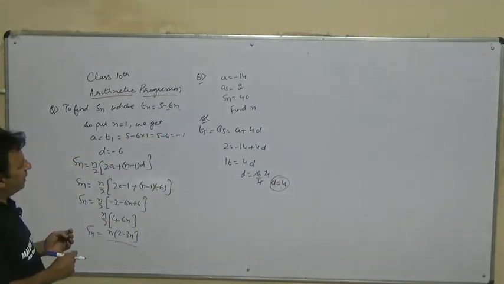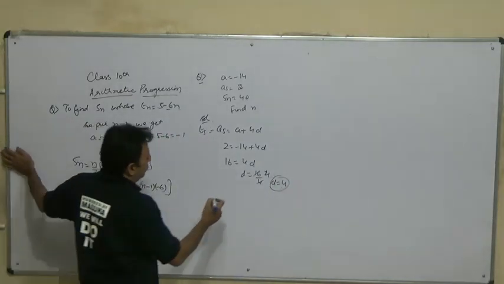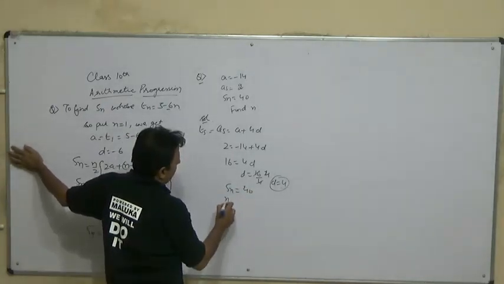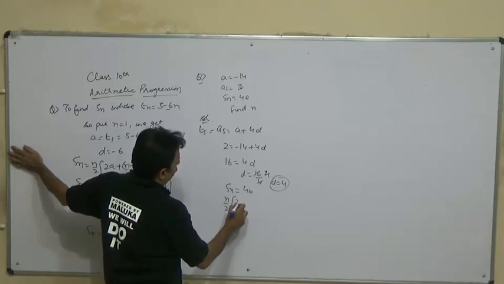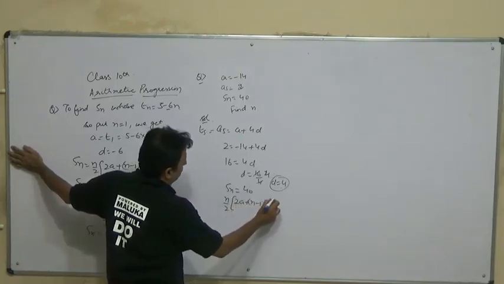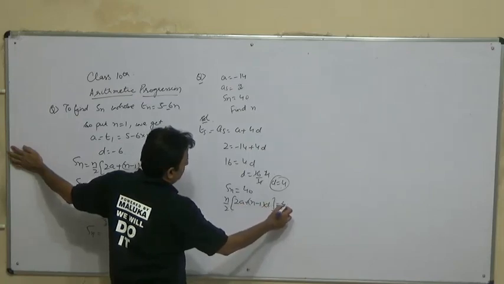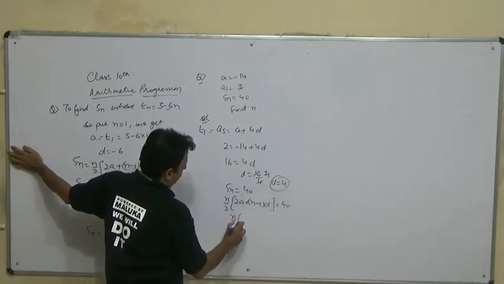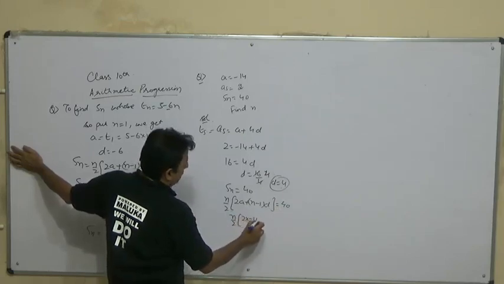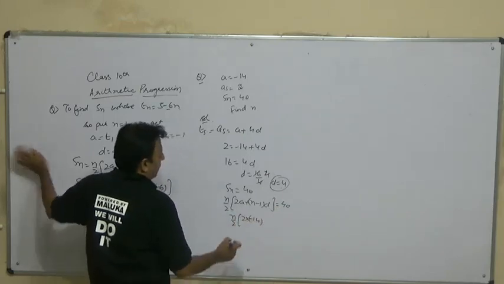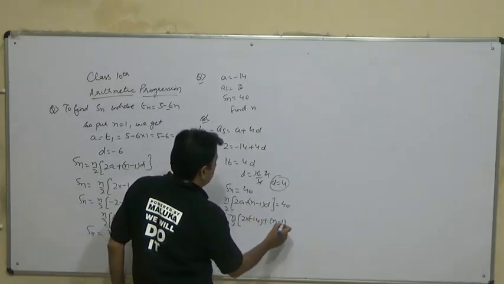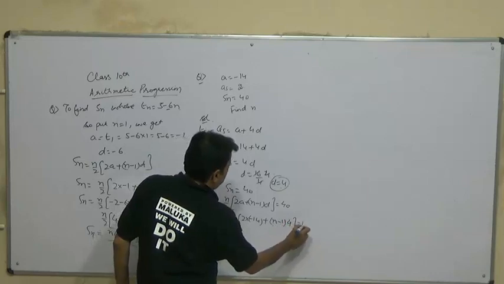Now we want to find n. We are given Sn is equal to 40. Sn is n by 2 into 2a plus n minus 1 into d. This is given as 40. So n by 2, 2 into a is minus 14, plus n minus 1 into d, which is 4, is equal to 40.